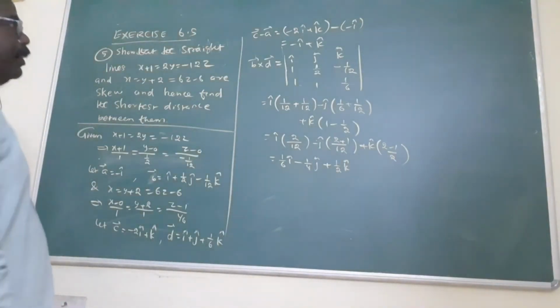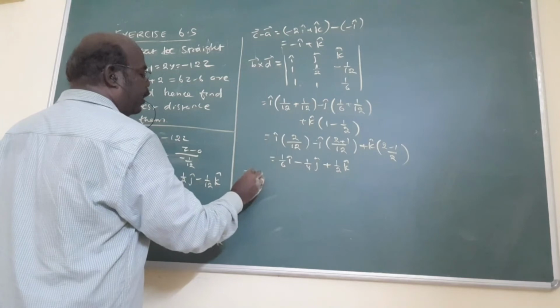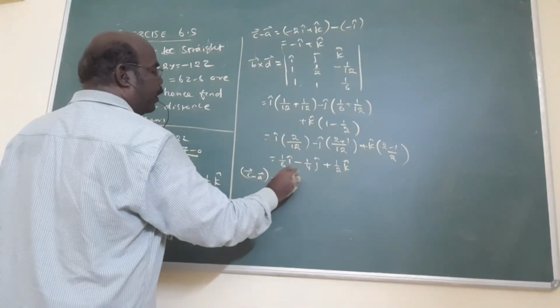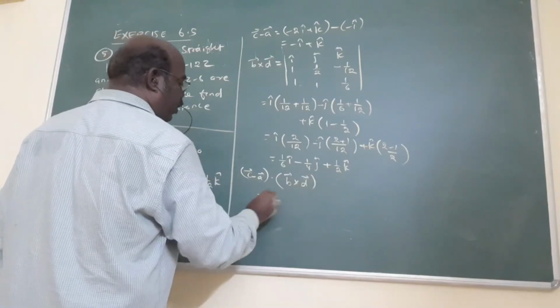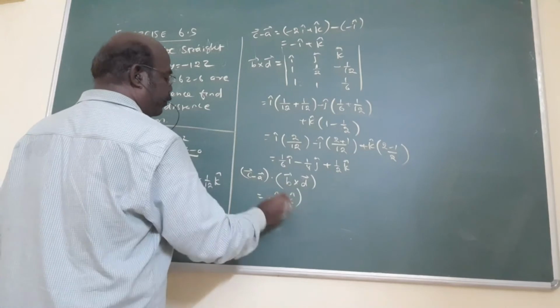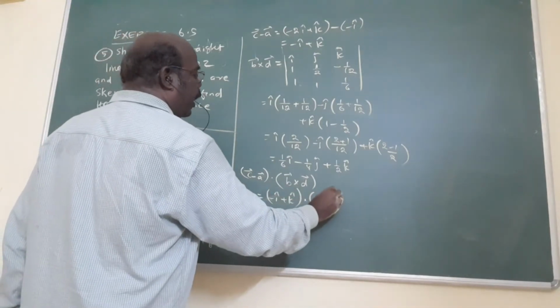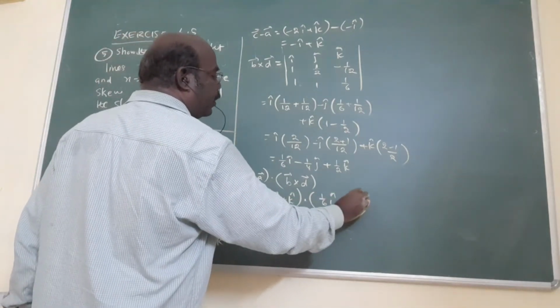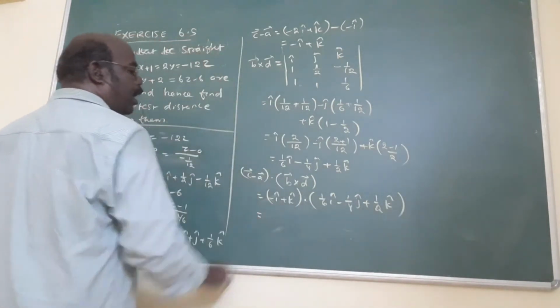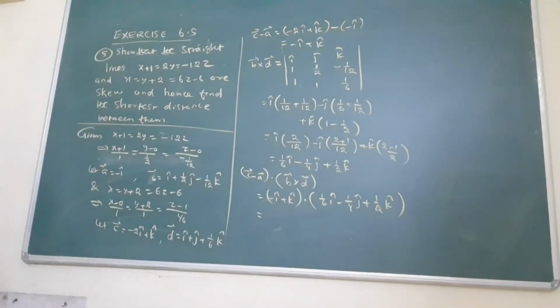Am I right? Now c vector minus a vector dot b cross d vector is equal to, c minus a is what? Minus i cap plus k cap, dot 1 by 6 i cap, 1 by 4 j cap, plus 1 by 2 k cap. Now multiply i with i, j with j, k with k.